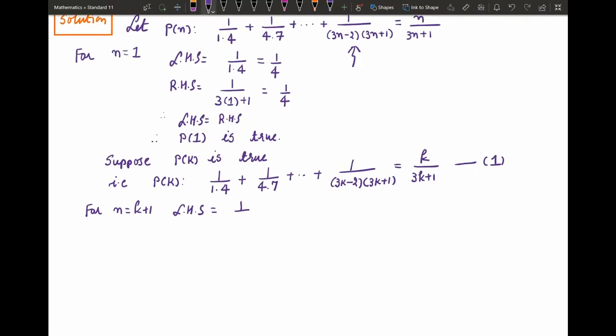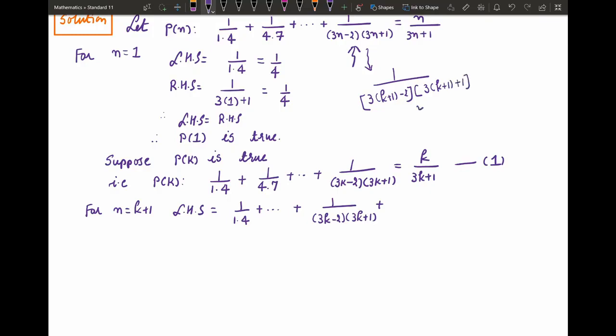So 1 upon 1 into 4 and so on, 1 upon (3k minus 2) into (3k plus 1) plus. Now in the general term, in the denominator, you replace n by k plus 1 to get the k plus 1th term.